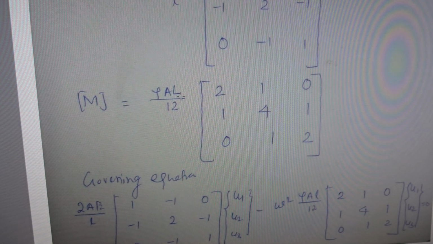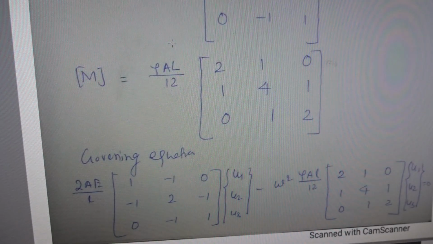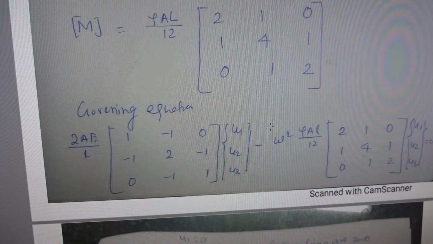The cross-sectional area is denoted here by a capital letter, but it should be a small letter, so you can change it to small. So this is divided by 12, and when assembled, this becomes 4, this one is 2, and this is the assembled mass matrix.